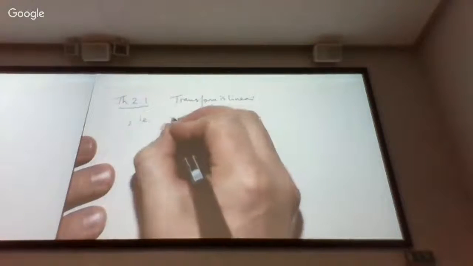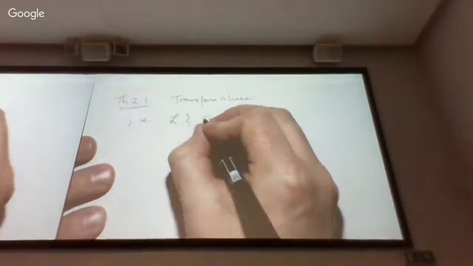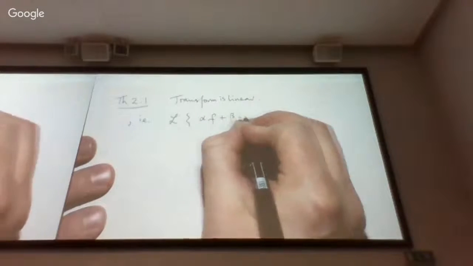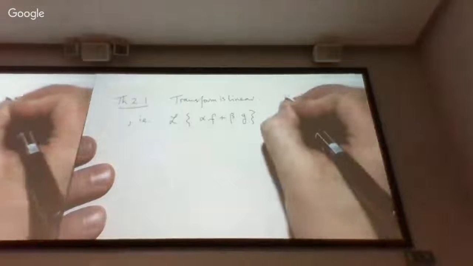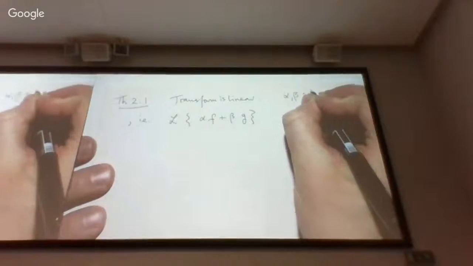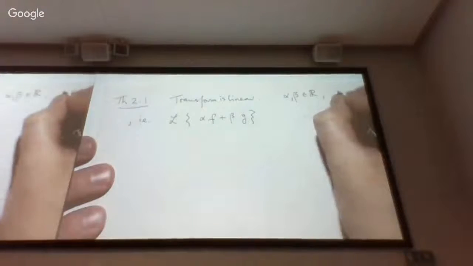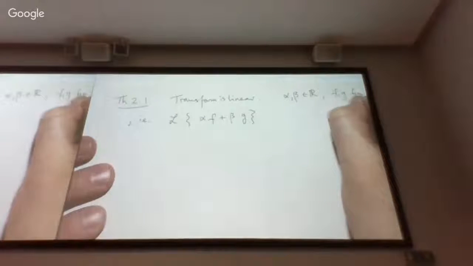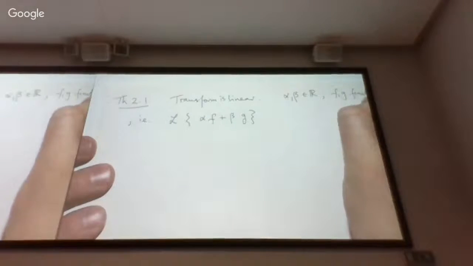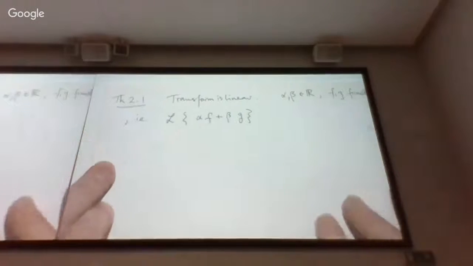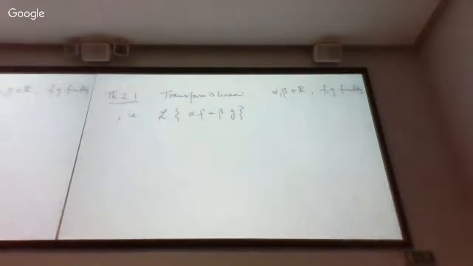If you take the Laplace transform of a linear combination of two functions, where alpha and beta are real numbers, and f and g are functions, and we have to assume that the Laplace transforms of those functions exist.